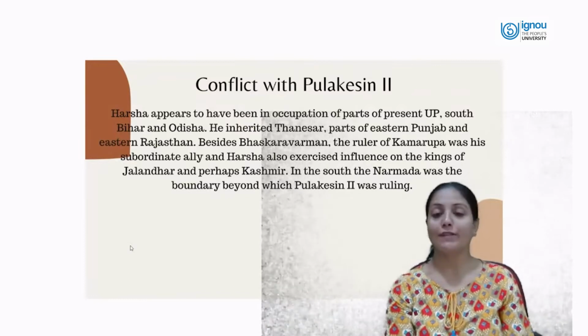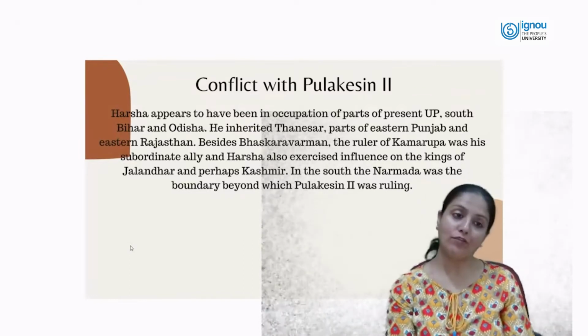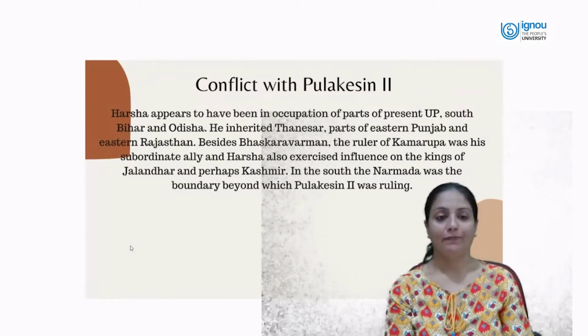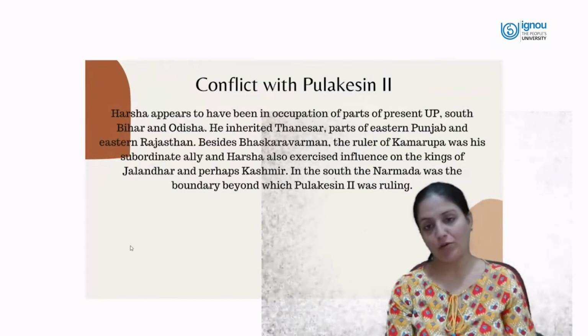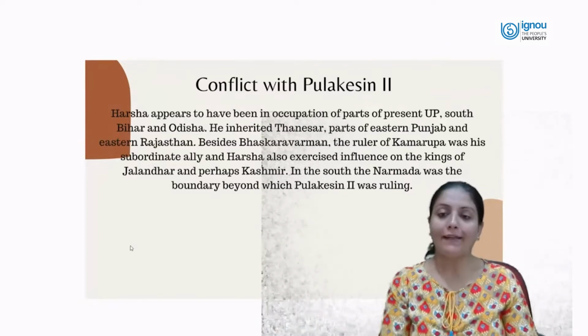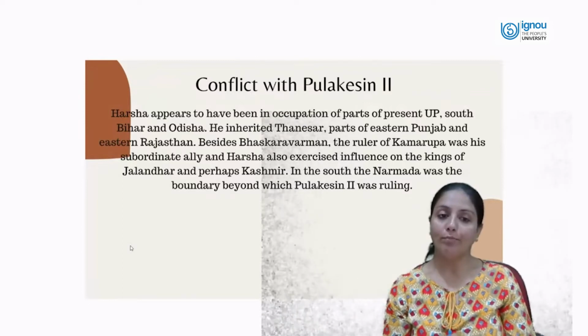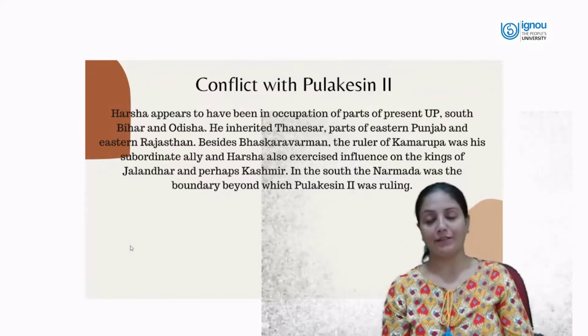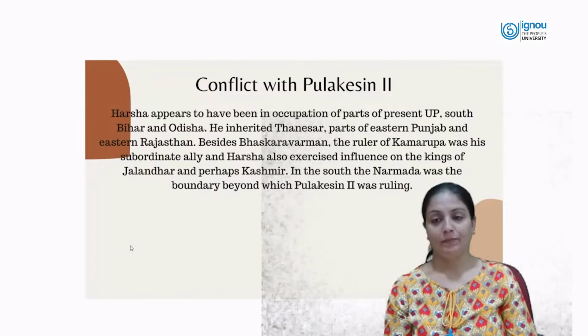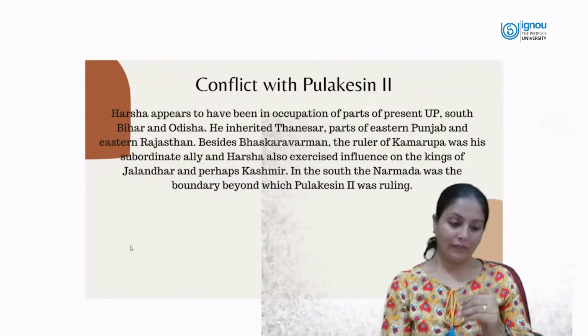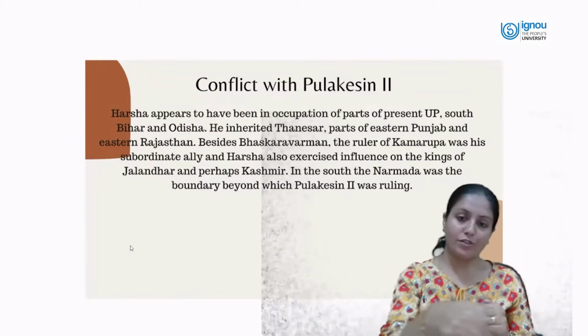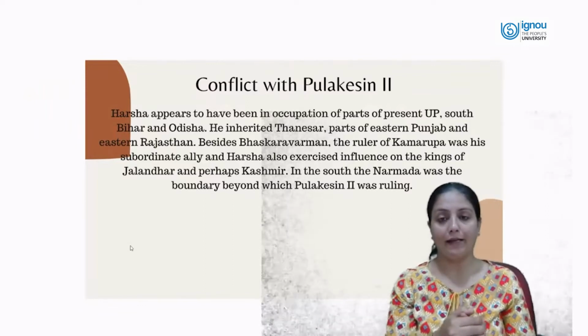Harsha also exercised influence on the kings of Jalandhar and perhaps Kashmir also. The Narmada was the boundary to the south of which Pulkeshin II was ruling at that time.